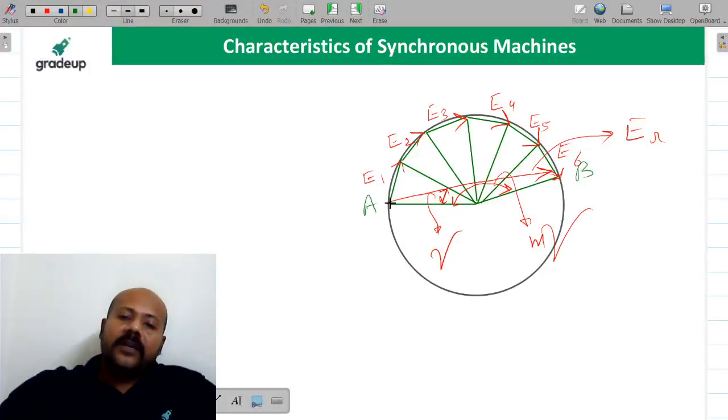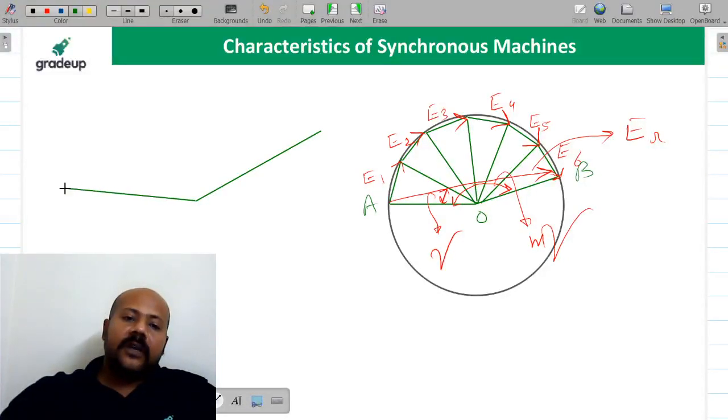Directly you can tell me, yes or no. If you have this triangle OAB, what is going to be AB? Draw a perpendicular from this O to AB. Suppose the situation is something like this.